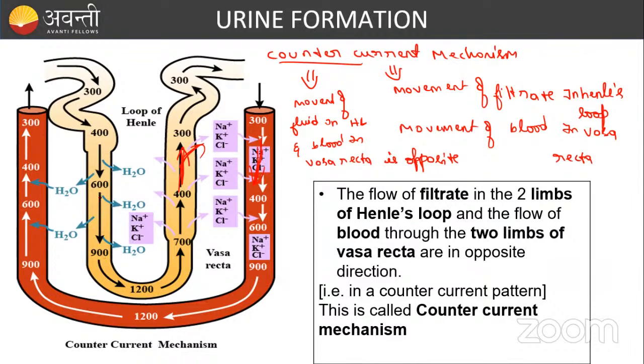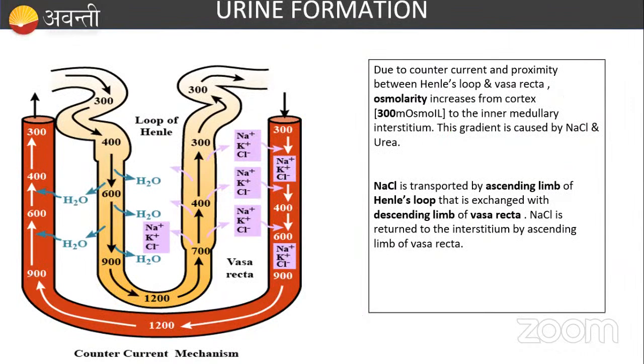And the fluid which is moving from the descending limb of the loop of Henle releases into the interstitial fluid, where it is absorbed by the ascending limb of the vasa recta. That is why we call it a counter current mechanism. Okay, fine. We know that the counter current mechanism is for the concentration of the urine. Mainly it is involved in concentrating urine.